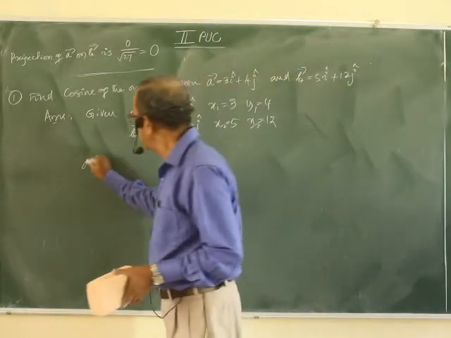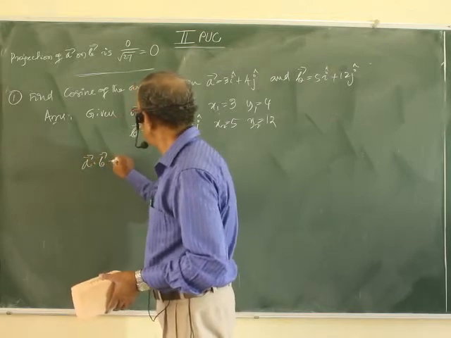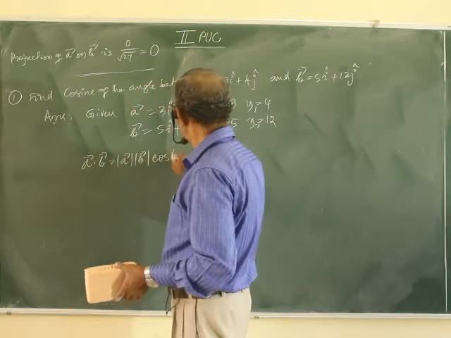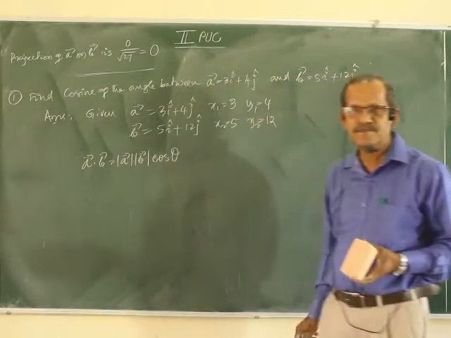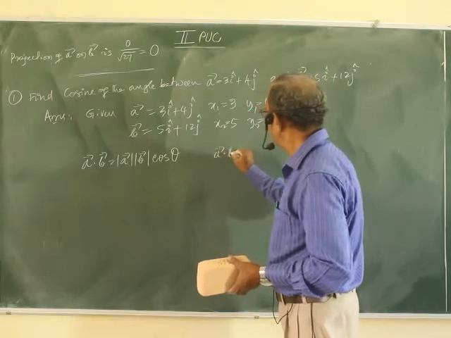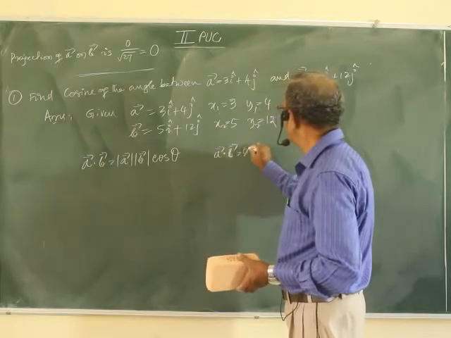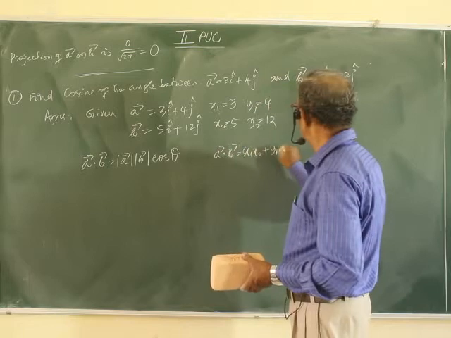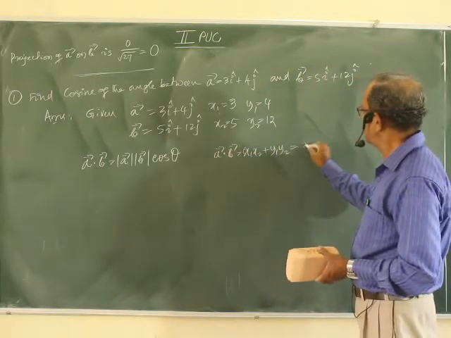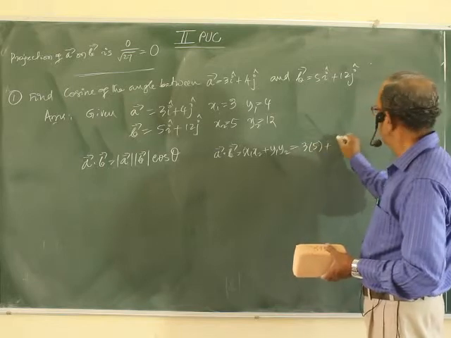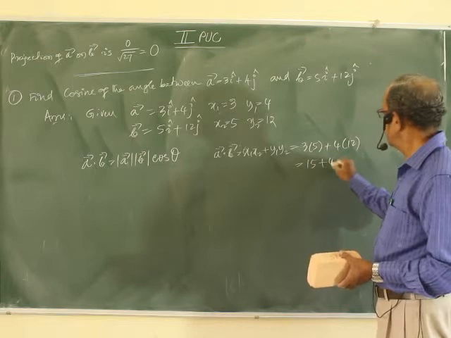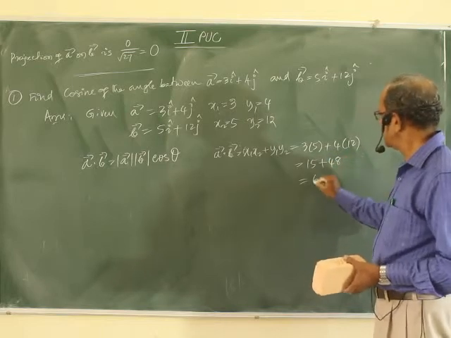Now, by definition, A dot B is mod A mod B cos theta. Here A dot B can be calculated. A dot B is x1 x2 plus y1 y2, or 3 into 5 plus 4 into 12, 15 plus 48, 63.